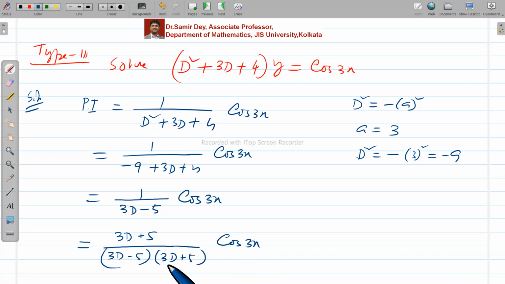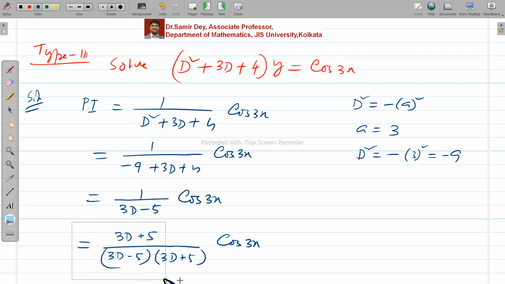I think it is clear to everyone. If you have only a single factor, that is a linear factor, in that situation you should rationalize this. If it is a minus, you should write plus; if it is a plus, then you should write minus. Already you know from your class 7-8 how to rationalize this.